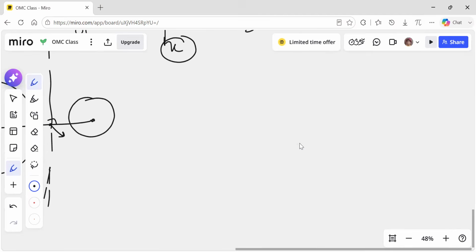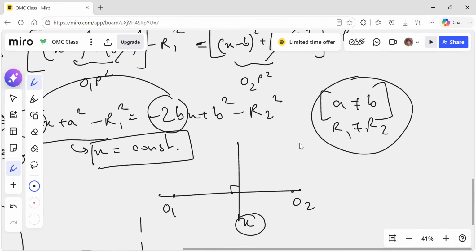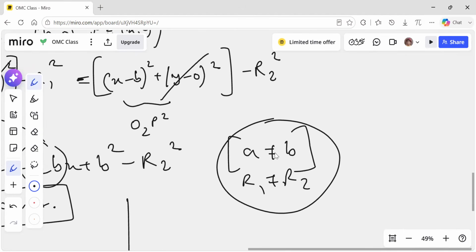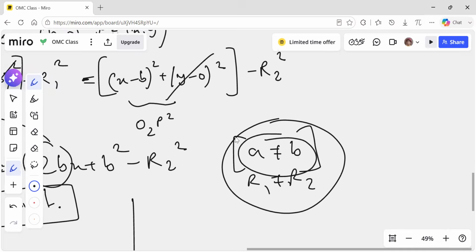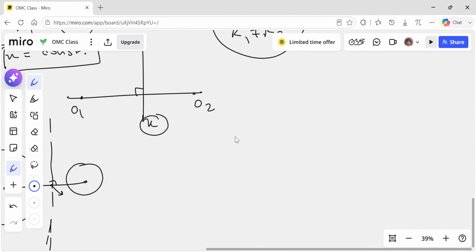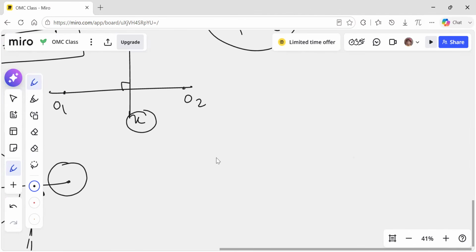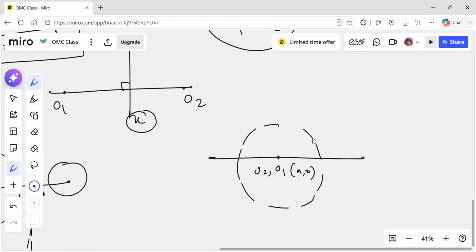But now there are also cases where the radical axis does not exist. Remember when I said that we need A not equal to B. So what happens when A equals B? In that case, this is my O1, which is (A, 0). And since A is equal to B, my O2 is also here. So the circles are basically concentric.